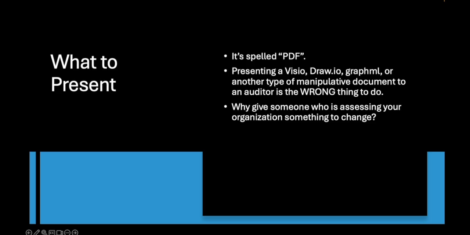All right, what to present. This is usually with assessors and auditors and internal, and of course, if you're dealing with a consultant, you want to start off with presenting a PDF document. We see this all the time. Hey, here, assessor, auditor, here is our Visio document, here's our Draw.io, here's our GraphML document.